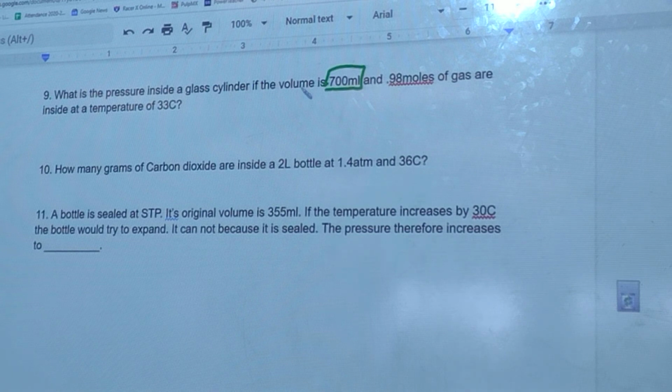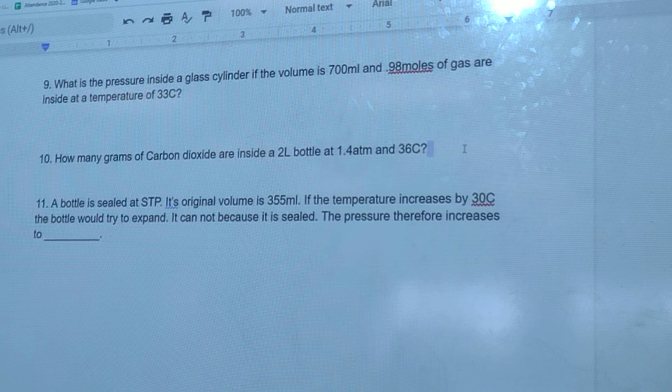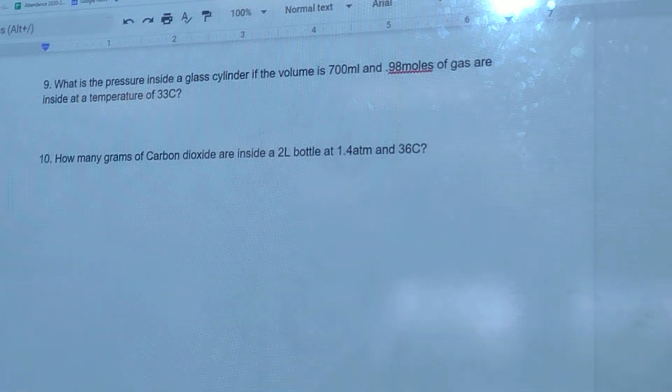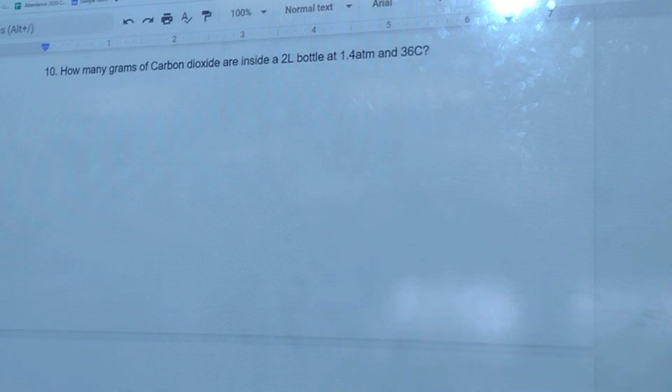All right. How many grams of carbon dioxide are inside a 2-liter bottle? Now, this is a special PIVNERT because it's asking you for grams. All right. So let me go right here and make some room to solve this problem.